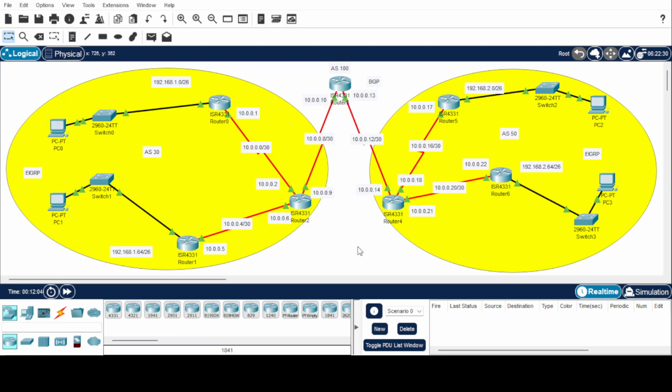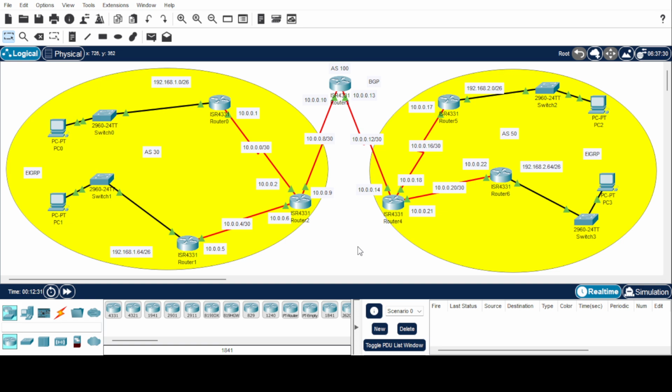Hello friends, today in this video we are going to see two network domains having EIGRP routing protocol as its internal routing get interlinked between them by the use of BGP routing protocol.